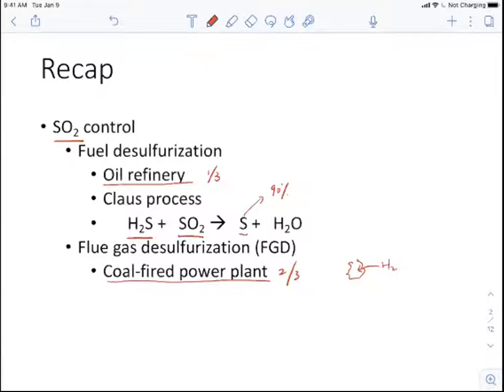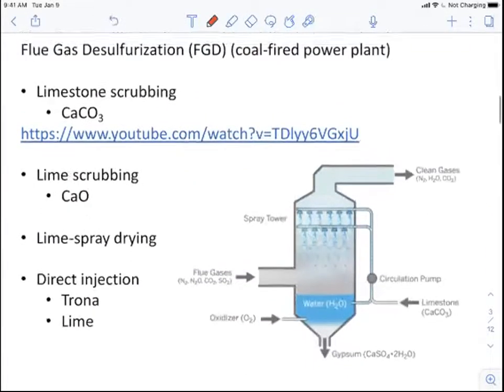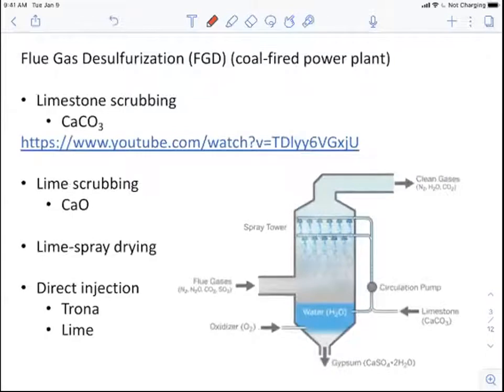In our last class, we also went over some sulfur dioxide control devices, for example, limestone scrubbing. We introduce the flue gas that contains these toxic gases, especially sulfur dioxide, into this scrubber.